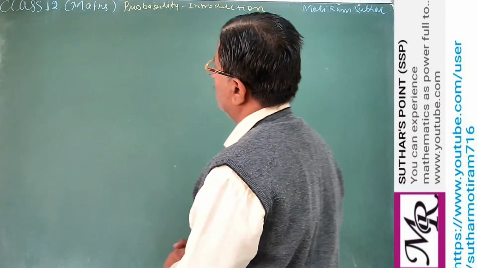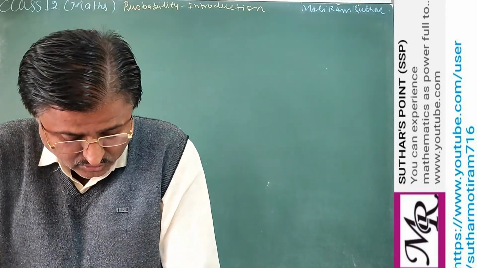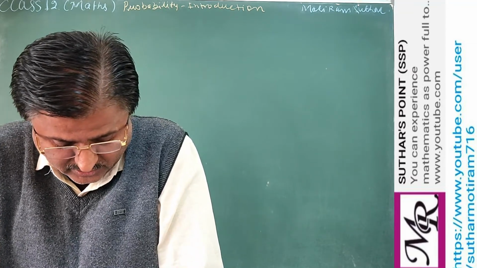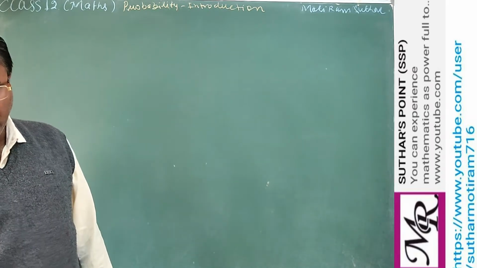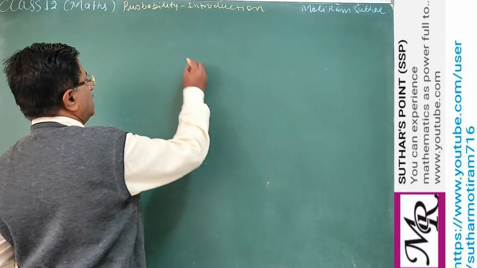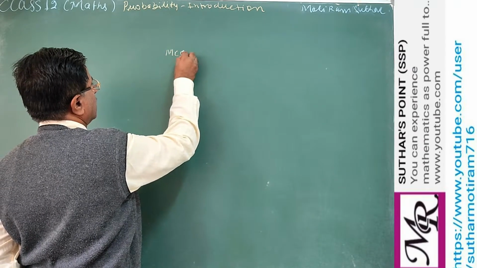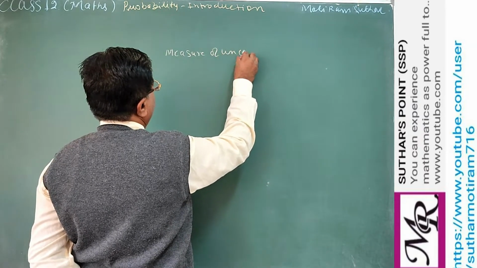So today we see only the introduction of the probability, how we can define. So dear student, in earlier classes you have also studied about the concept of the probability, and we give the definition that probability is a measure of uncertainty.